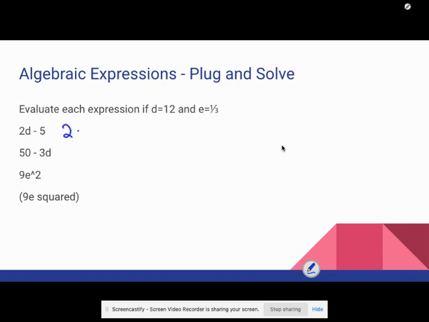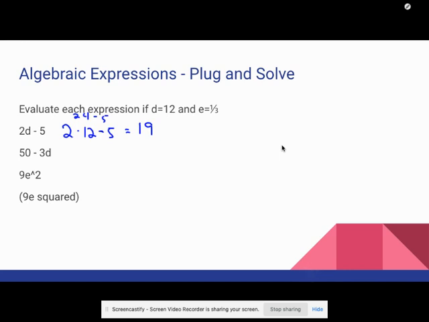So I'm going to do 2 times 12 minus 5. I'm always going to write down my expression because then I don't make as many mistakes, since I can see everything and follow my order of operations. 2 times 12 is 24. Subtract 5, so my final answer here is 19.